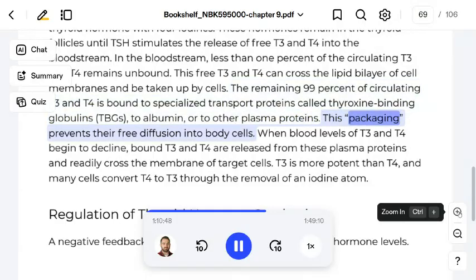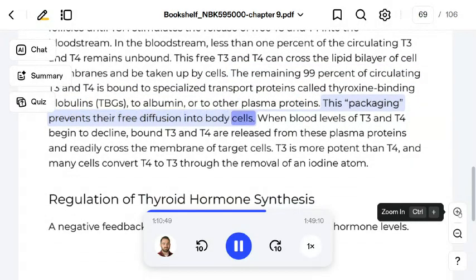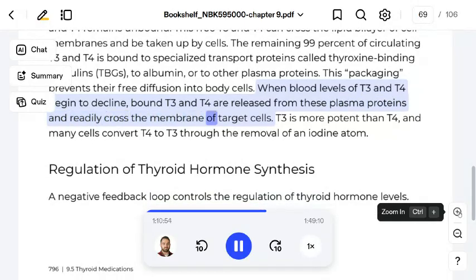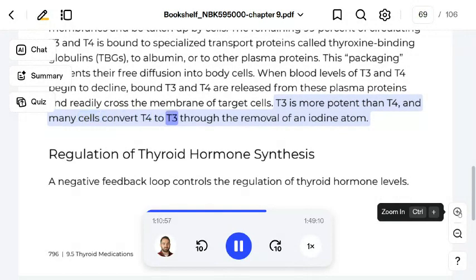This packaging prevents their free diffusion into body cells. When blood levels of T3 and T4 begin to decline, bound T3 and T4 are released from these plasma proteins and readily cross the membrane of target cells. T3 is more potent than T4, and many cells convert T4 to T3 through the removal of an iodine atom.